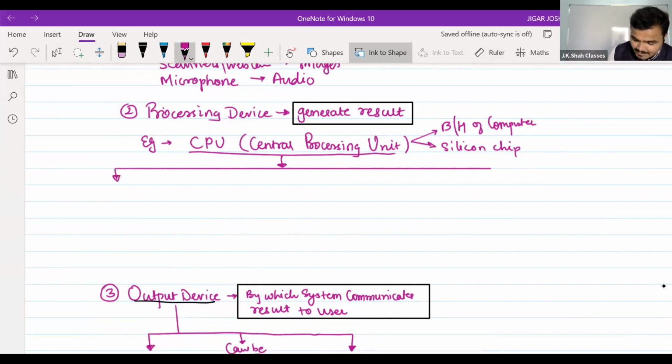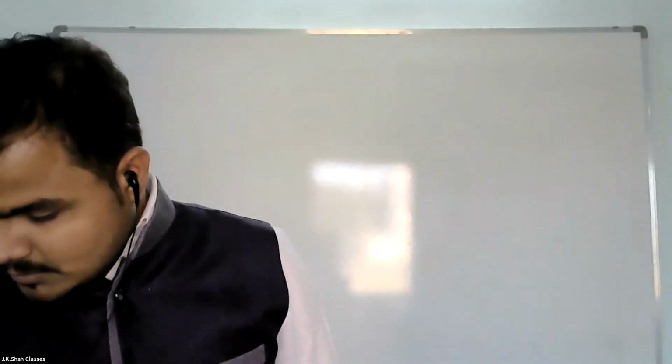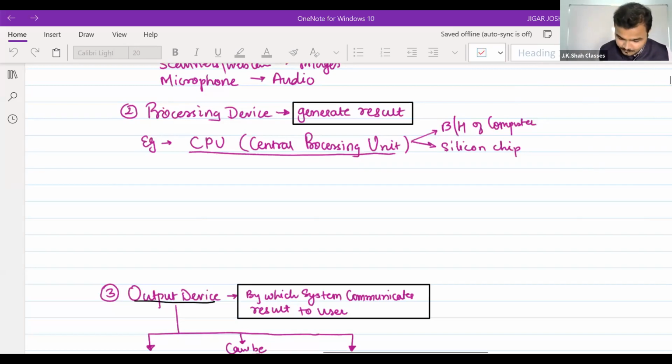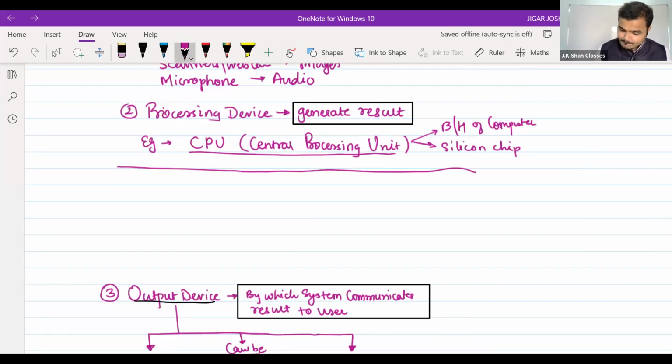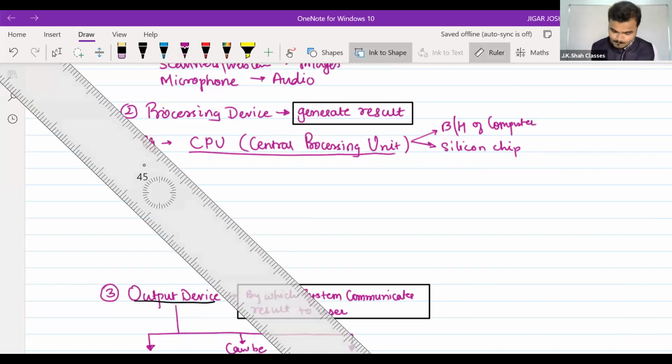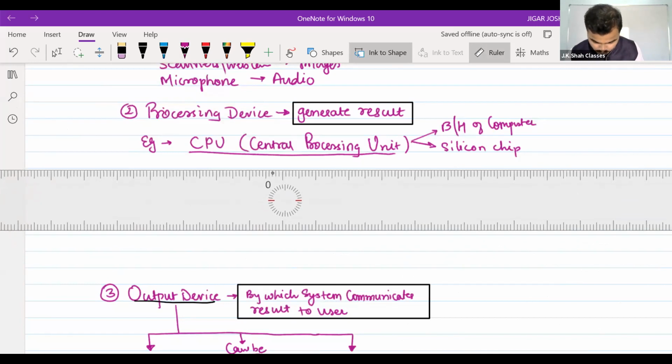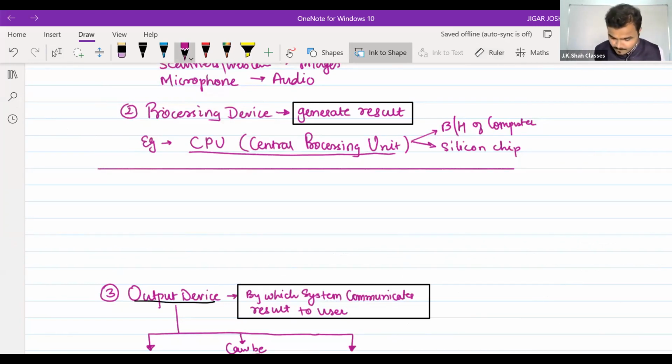The first part is called CU. What is CU? CU refers to control unit. What is the main function of the control unit?